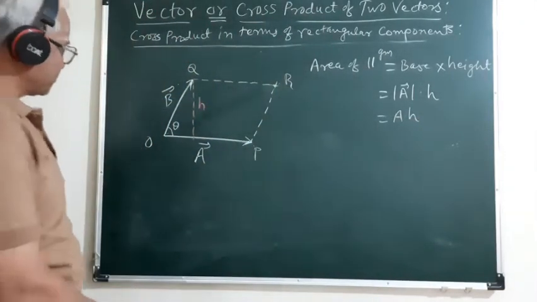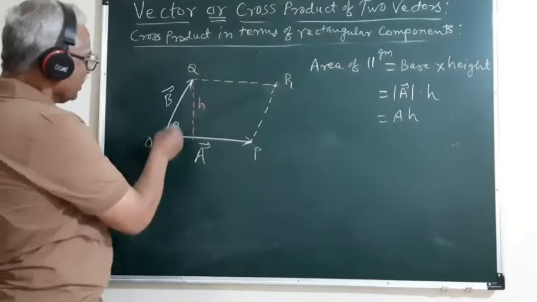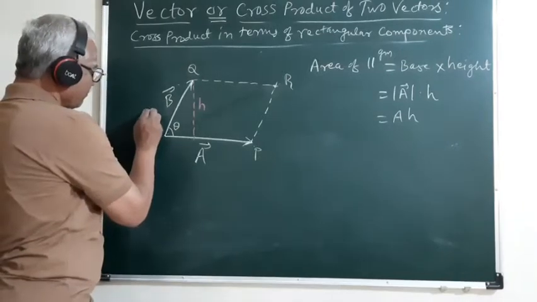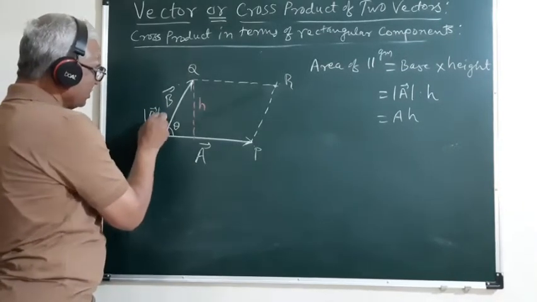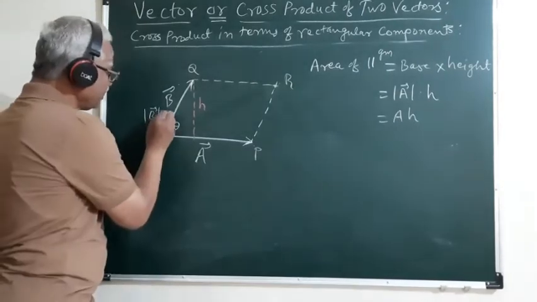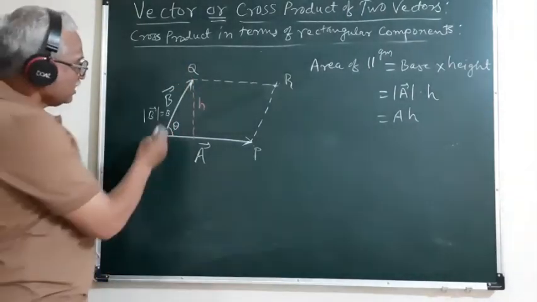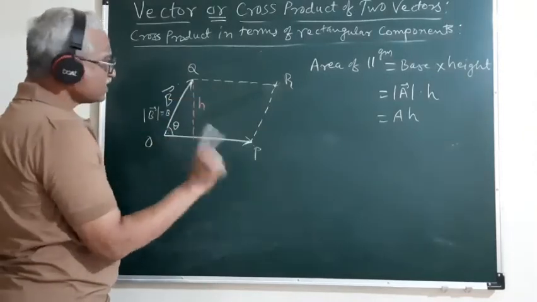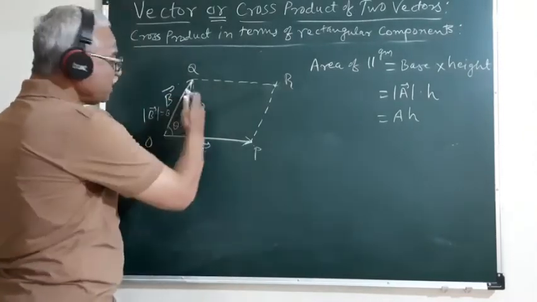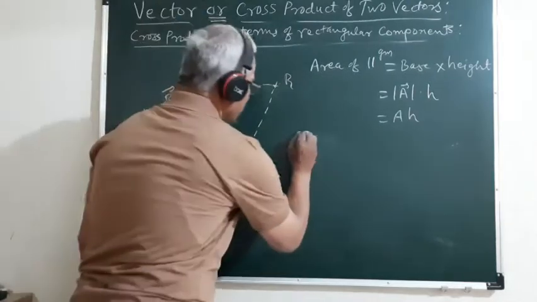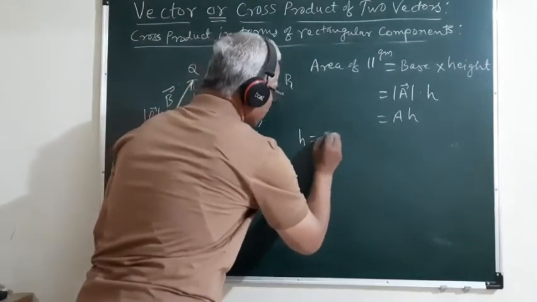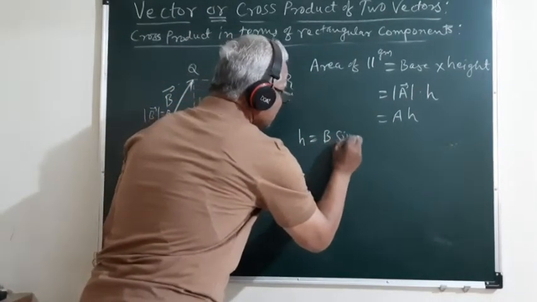Now what is H? If we consider mod B bar, or simply B, as the magnitude of vector B bar, then H is nothing but B sin theta.